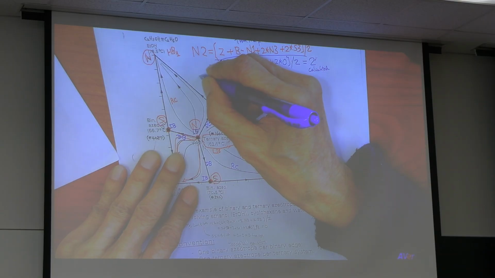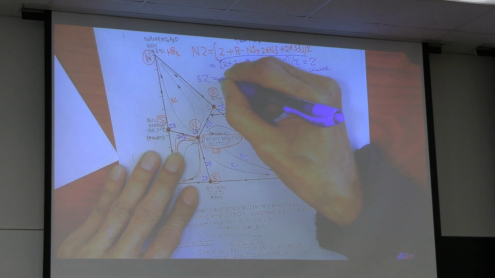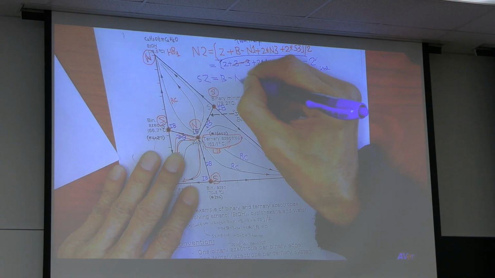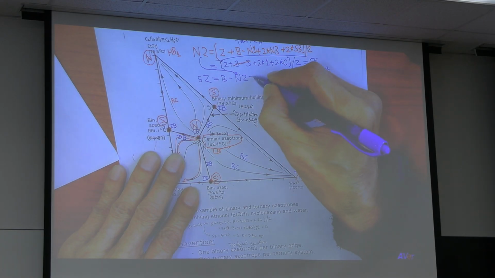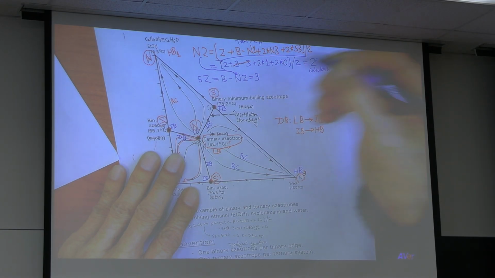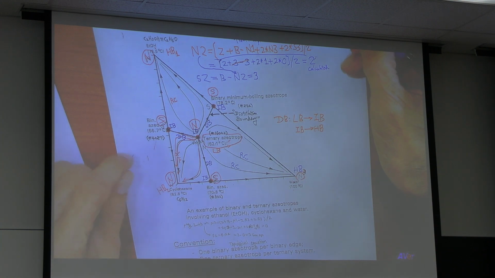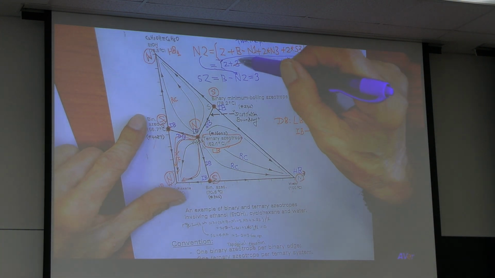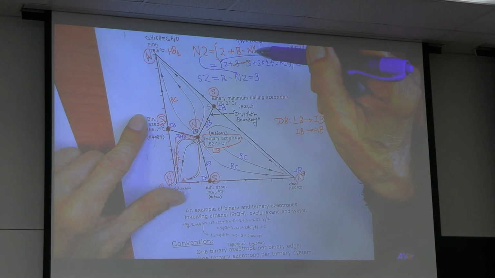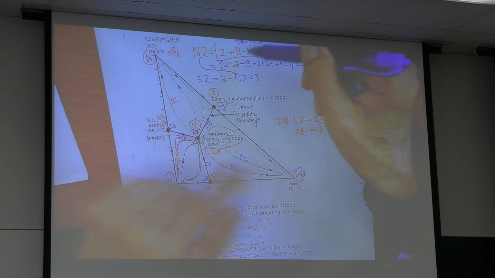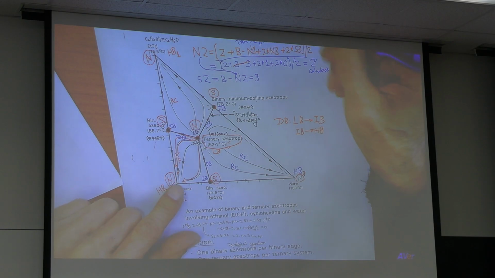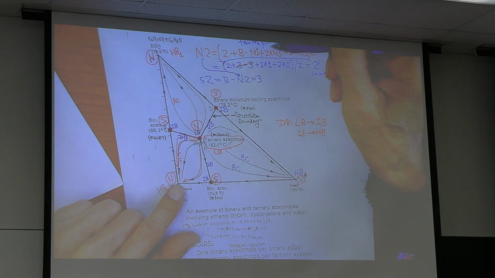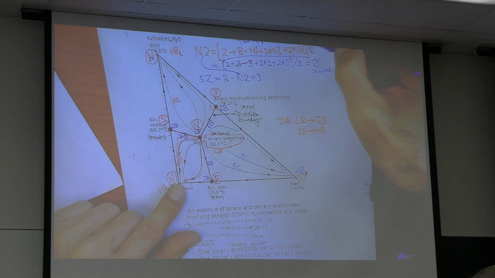Now, you go to S2 equals B minus N2. Wait a minute, is this correct? 2, N1, 3 is correct. 2 plus 3, 1.